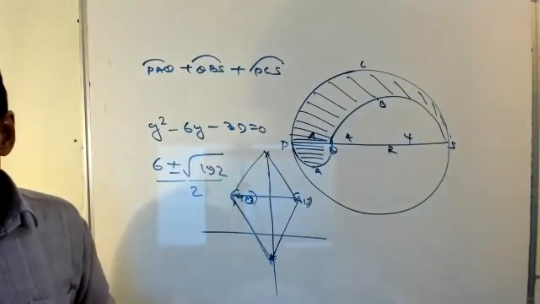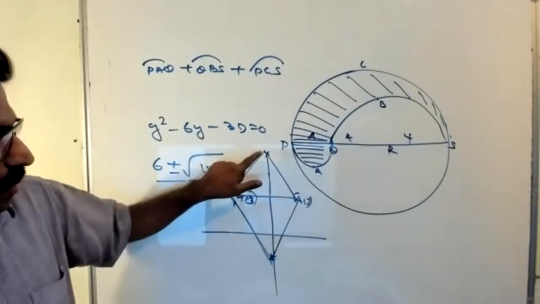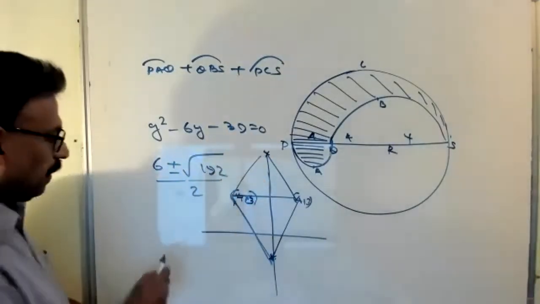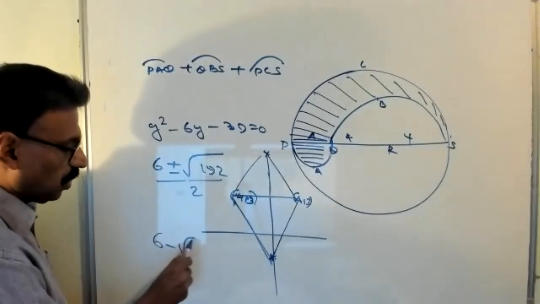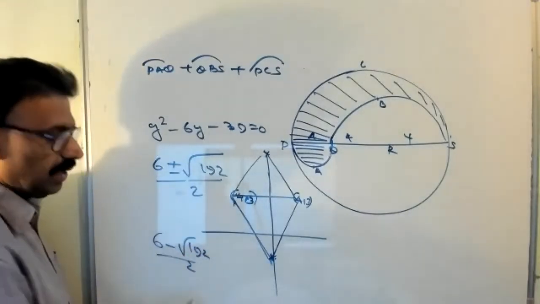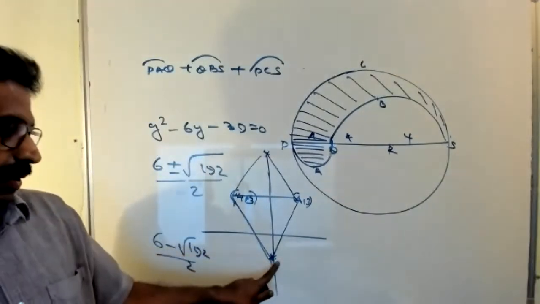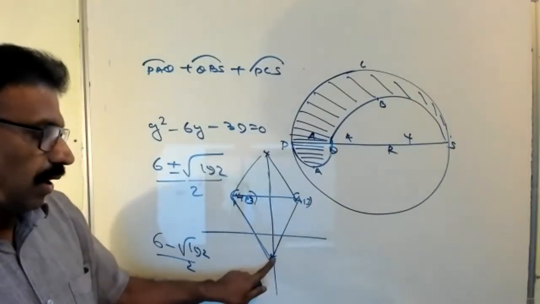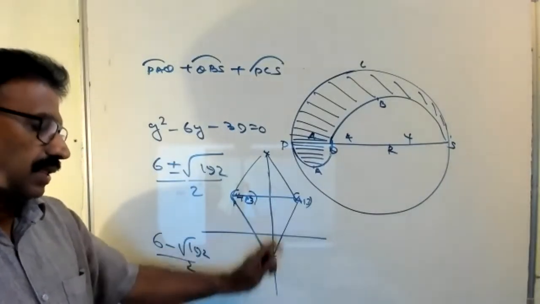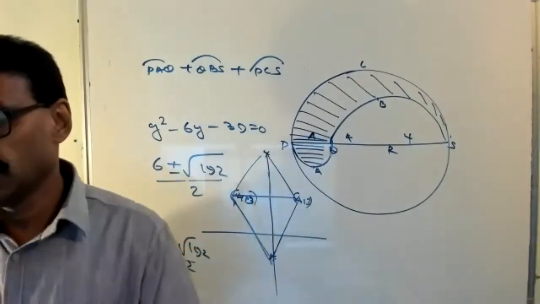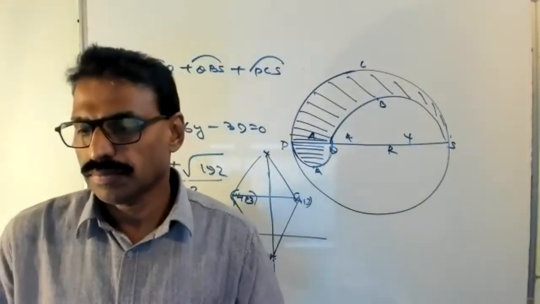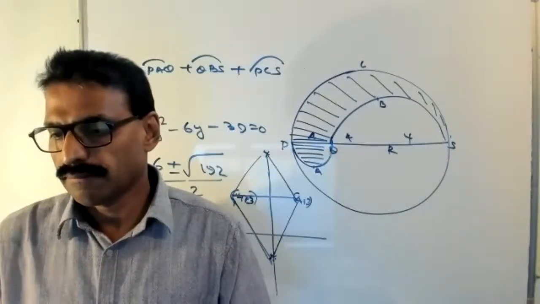If y is positive, it will be here only. So our answer should be 6 minus root of 192 divided by 2. That time the vertex is in the interior part of the triangle. Is it okay? Clear now?